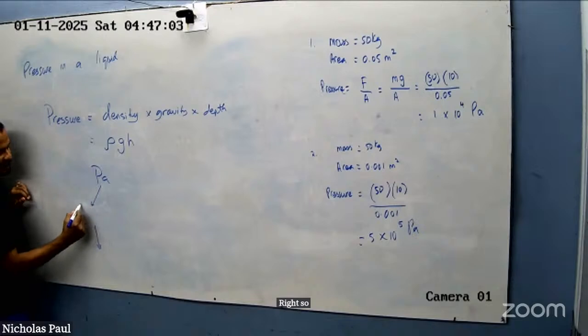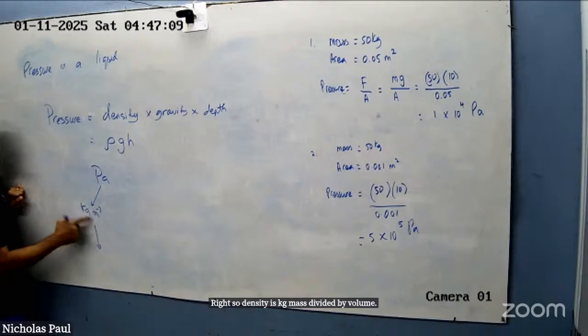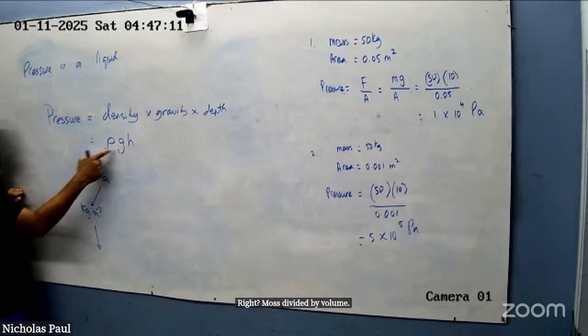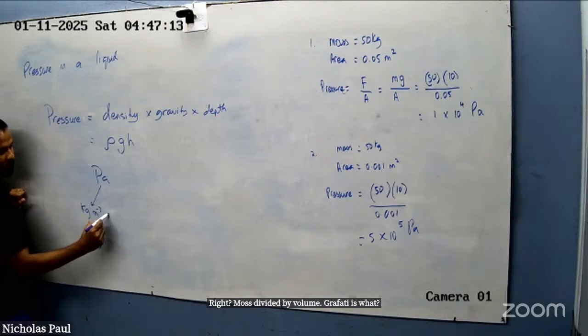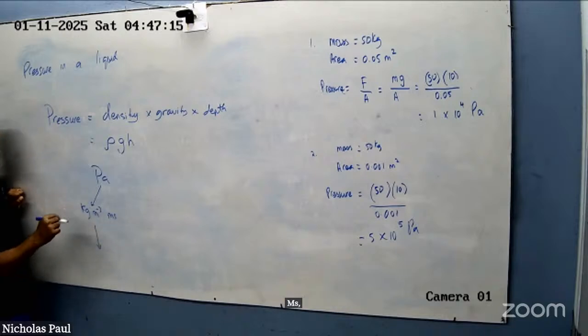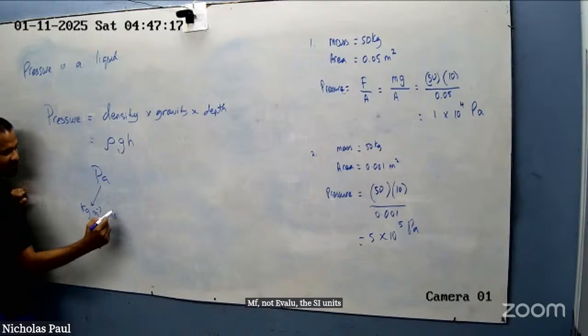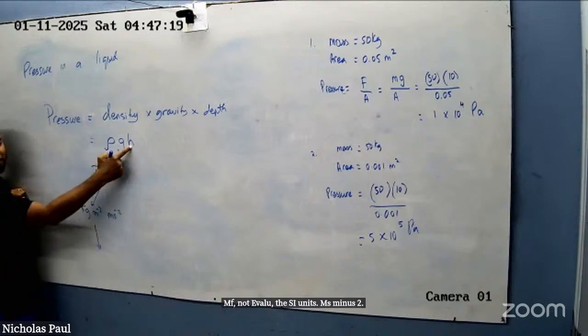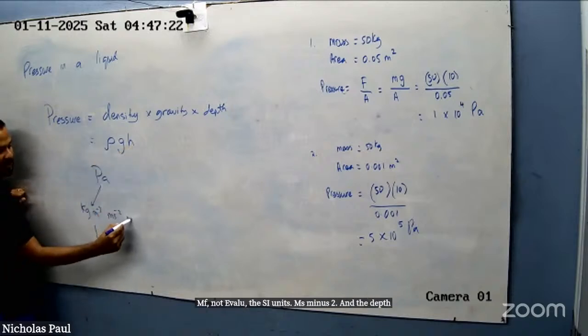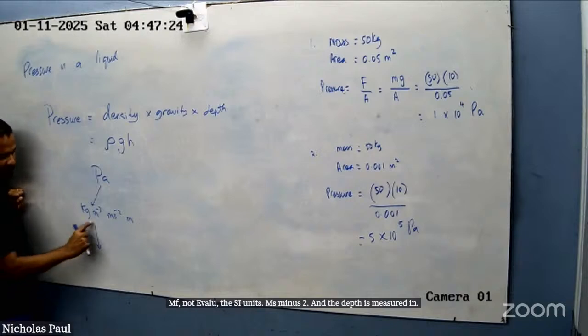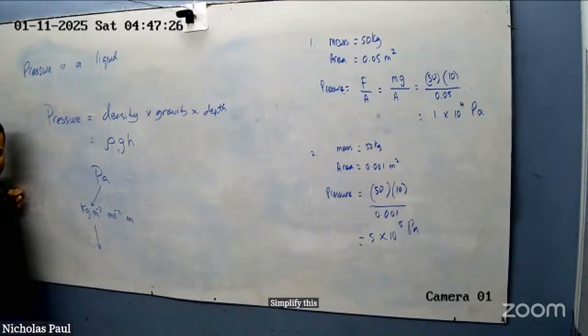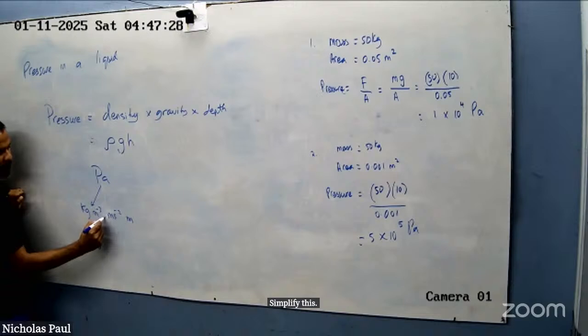Density is kg, mass divided by volume. Gravity is what? Not the value, the SI unit: m s minus 2. And the depth is measured in meters. Simplify this, tell me what you get. That's multiplied.